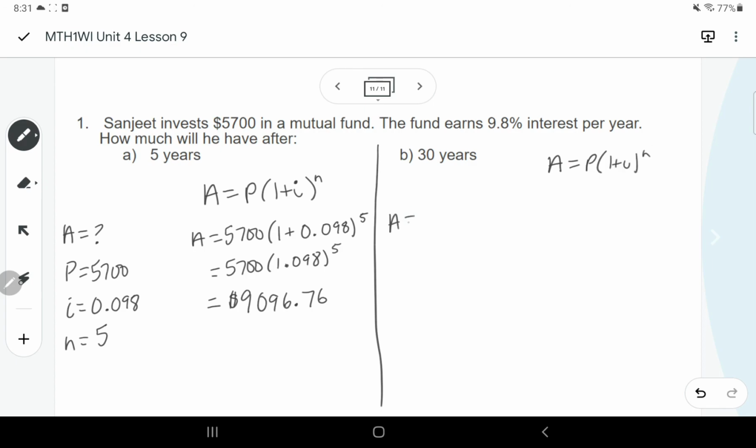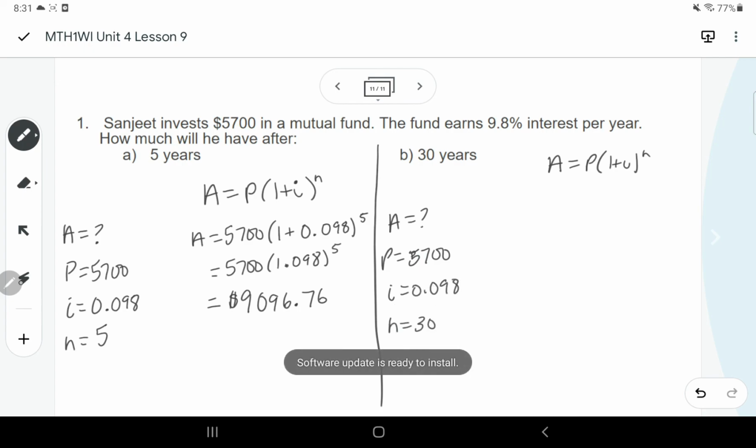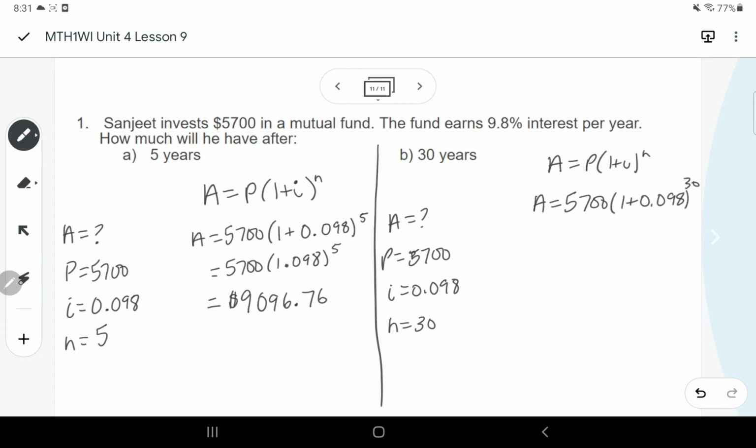Okay, and I'll go through this again, just confirming your calculations. The only thing that's really changing here is the n value. So I'm going to put in all my numbers again, 5,700, 1 plus 0.098, and now the exponent is 30.